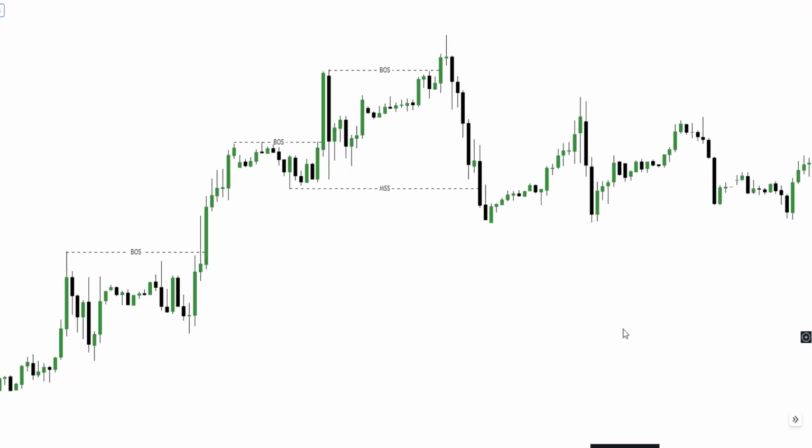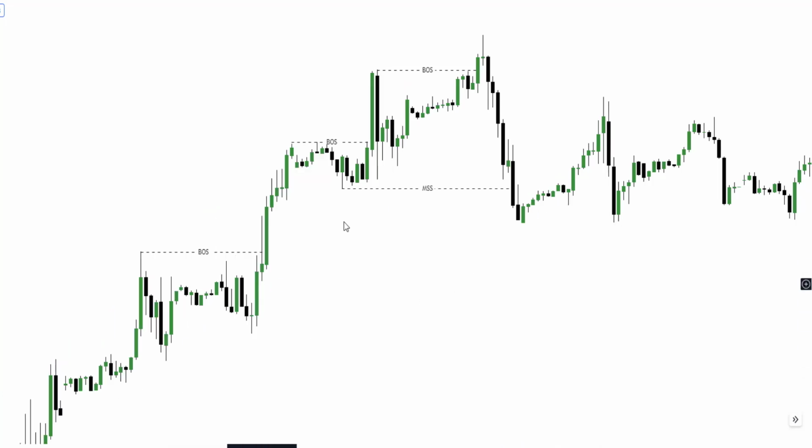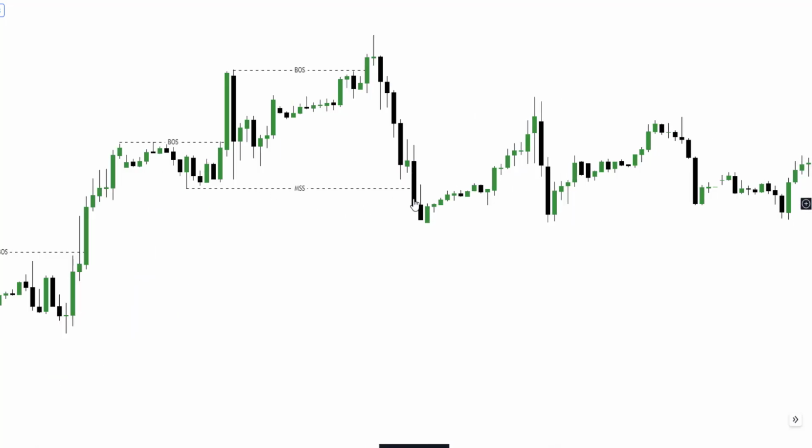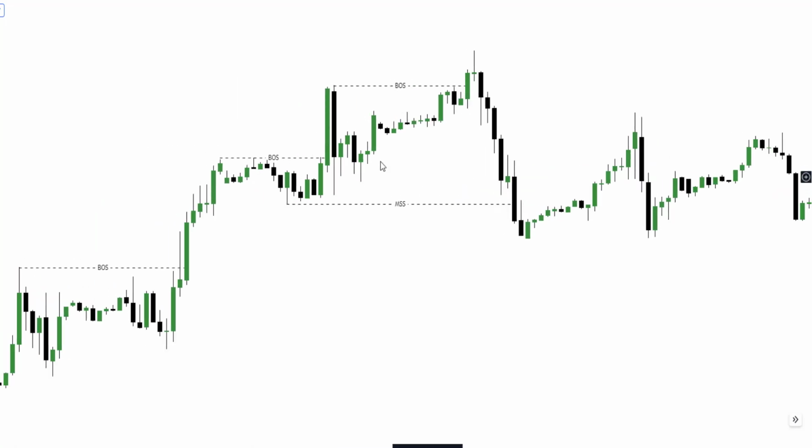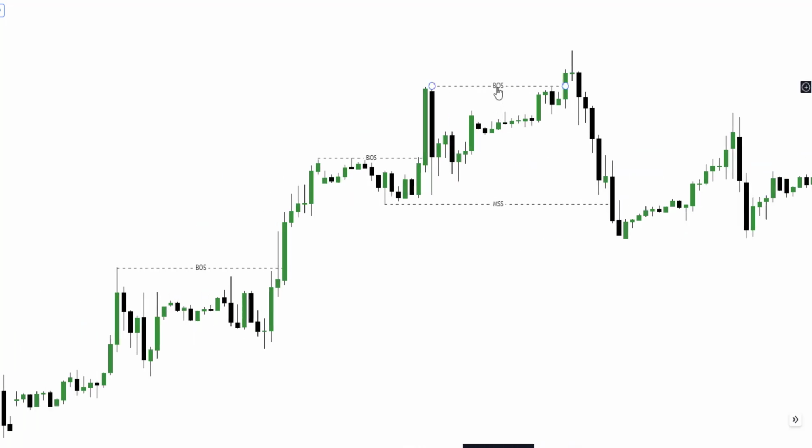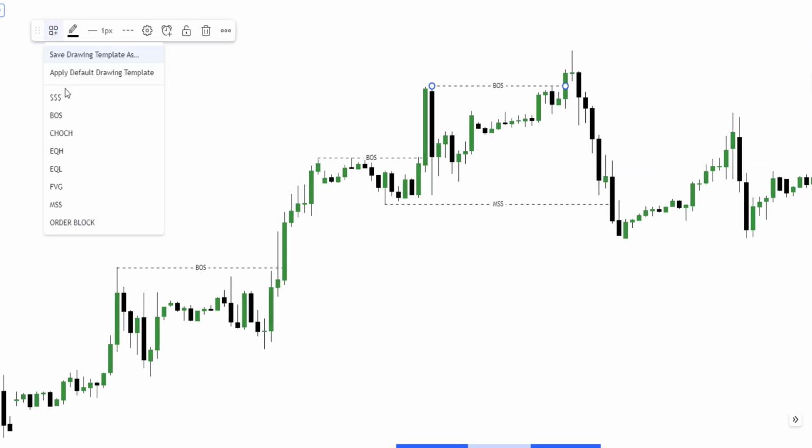Now this is simply what it means to have a shifting structure. I am tired of going up, and I marked this place as my lowest level. I am closing below it with the body of the candle, and this was a break of structure initially, until we saw price crashing. And then this is what most people mark as liquidity sweep. Before every change in market direction, you will anticipate to see a liquidity sweep.